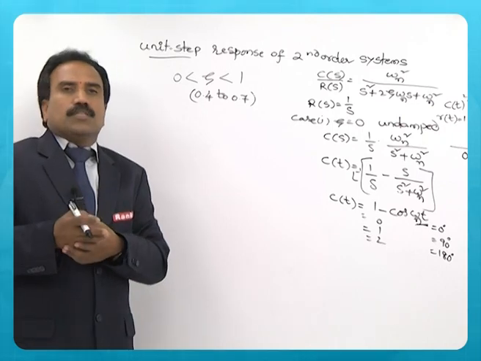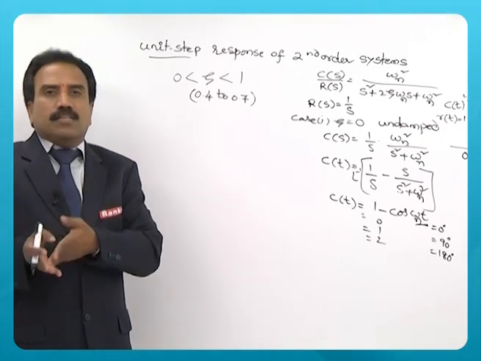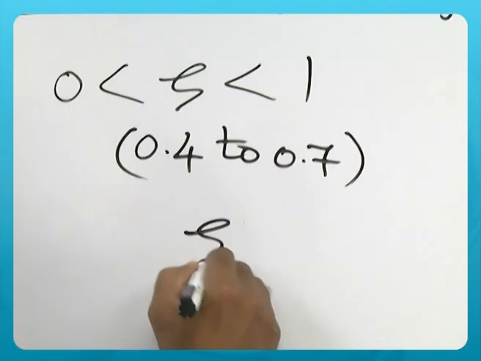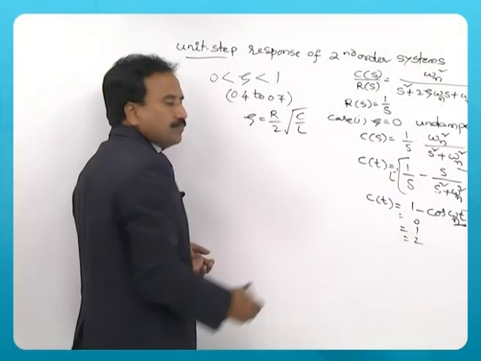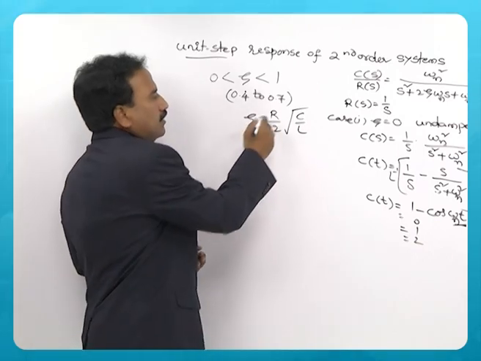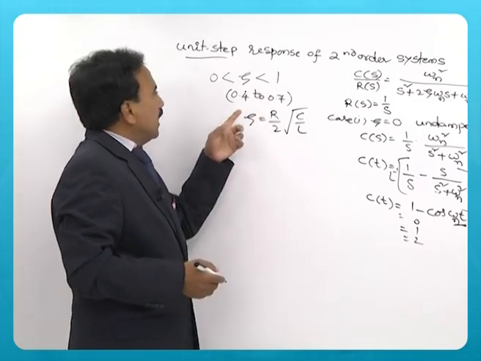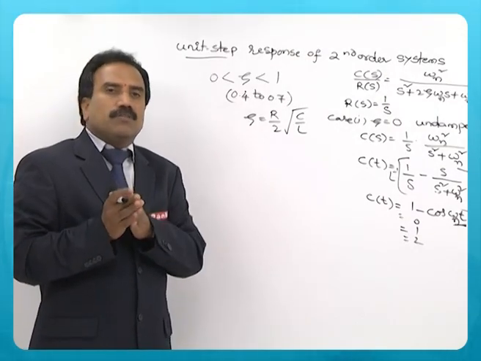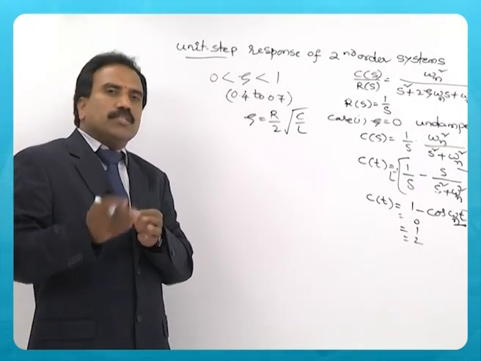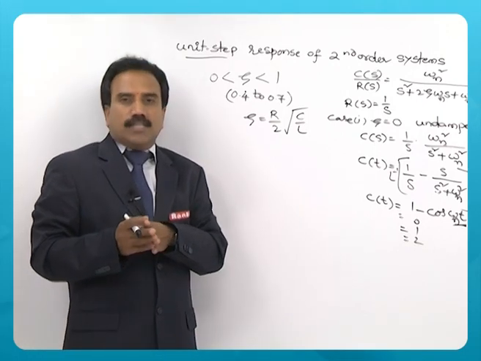So choose the values of R, L and C, because zeta is given by R by 2 under root C by L, such that zeta lies between 0.4 and 0.7, so that the response is better in speed as well as stability.